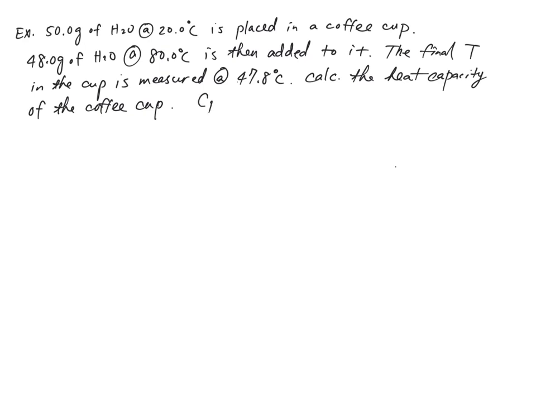Know that C_P, the specific heat of water, is 4.18 joules per gram per degree Celsius. All right, so now we have a question with a ton of numerical conditions in it, and let's try to analyze how we do this.